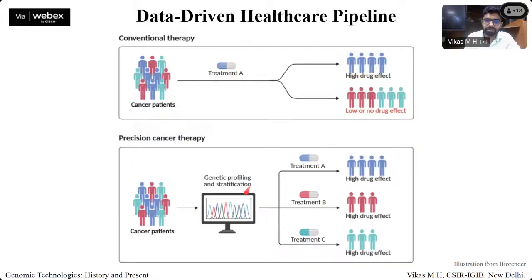But in fact, if we dig deeper into genetic profiling, and stratify the patients based on how they react to these treatments, you will be able to understand that they have different tolerances for different drugs, and the treatments can be optimized to a personal level, where you can treat every patient with different treatment strategies, so that the treatment is effective.